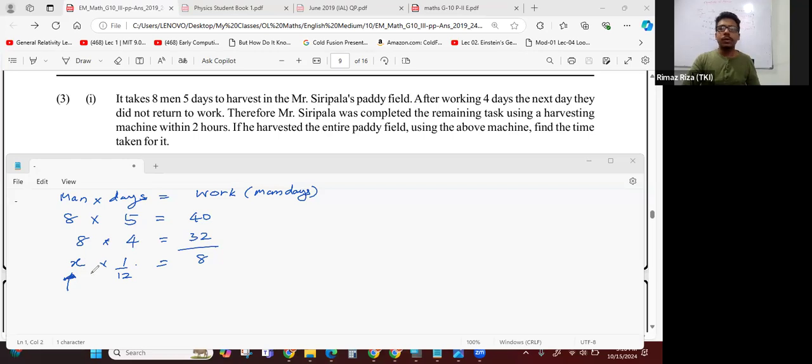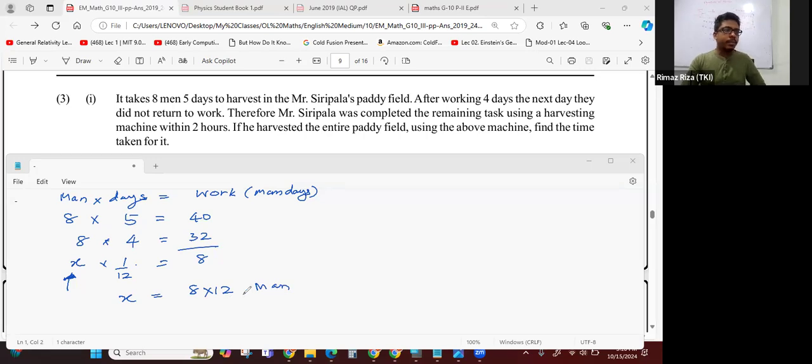This machine could do the work of how many men is given by this x, because the machine only does the remaining work. It finished the work in 2 hours. 2 hours is 1 over 12 days. So then if you solve for x, x will therefore be 8 into 12.